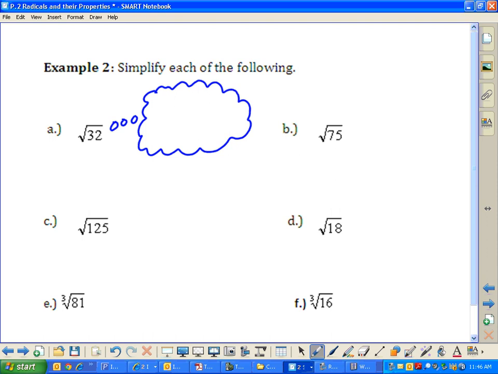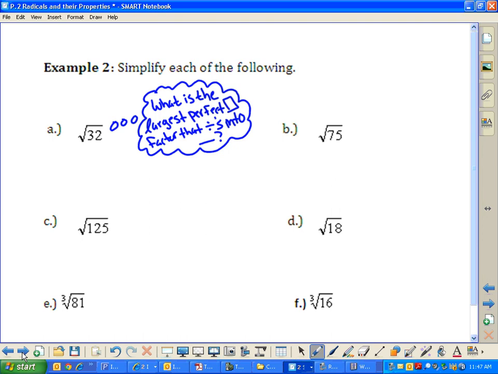The question we have to ask ourselves is this, and John said it earlier. This was your question. What is the largest perfect square factor that divides into blank?